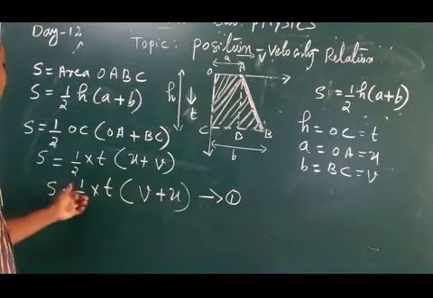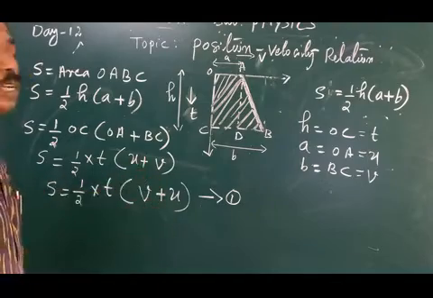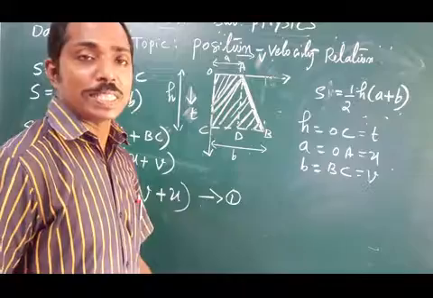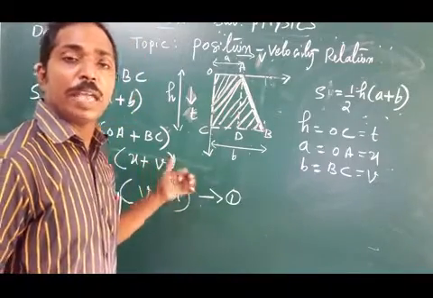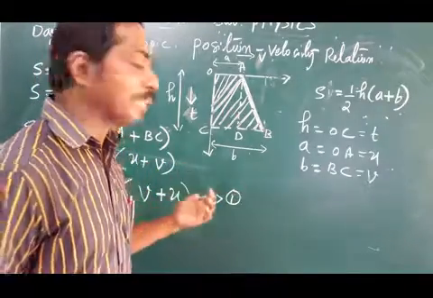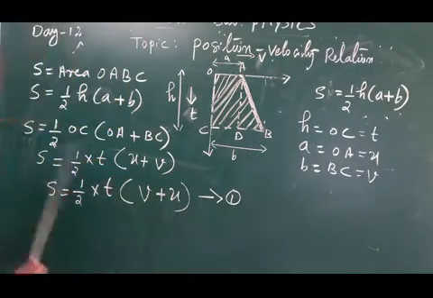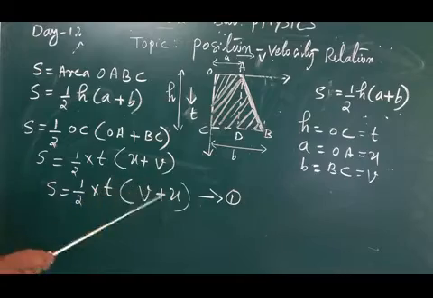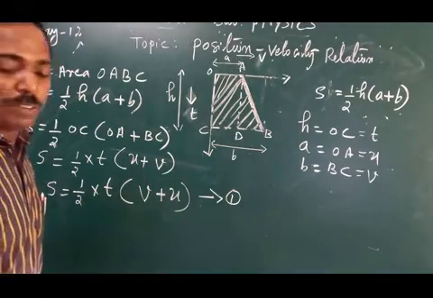So S equals half into t into v plus u. I just changed it because we have the addition identity a plus b equals b plus a, which I used from mathematics. No more change; this is just changed for our convenience.